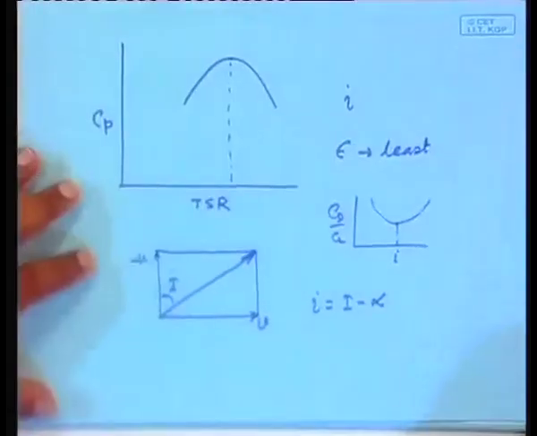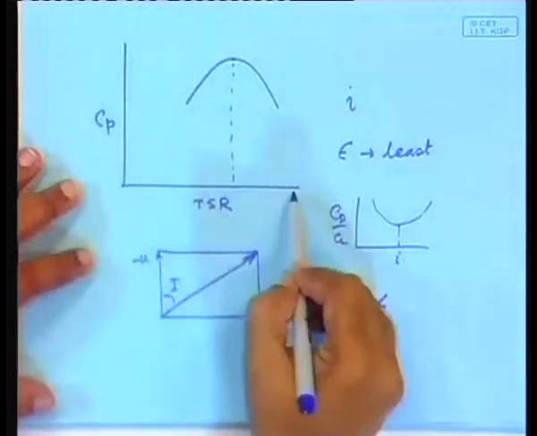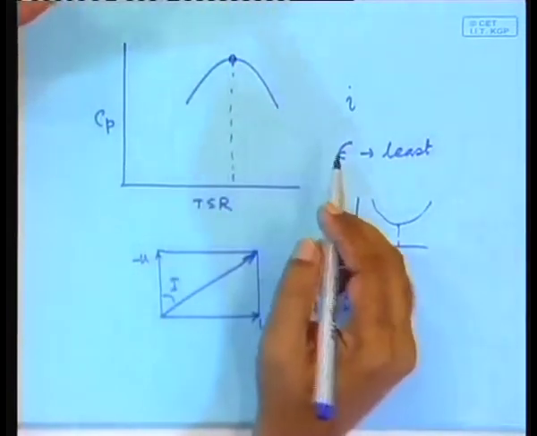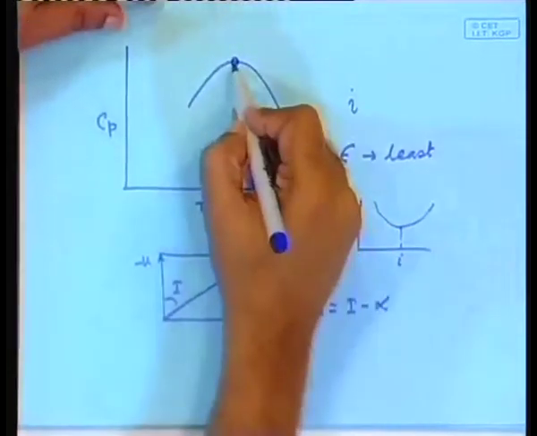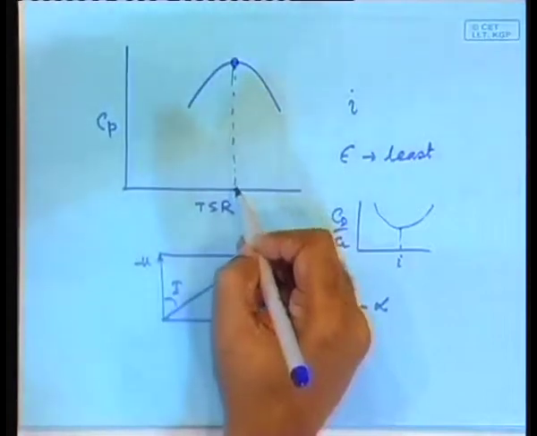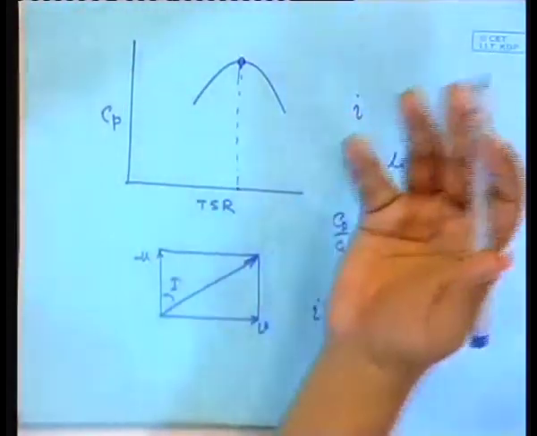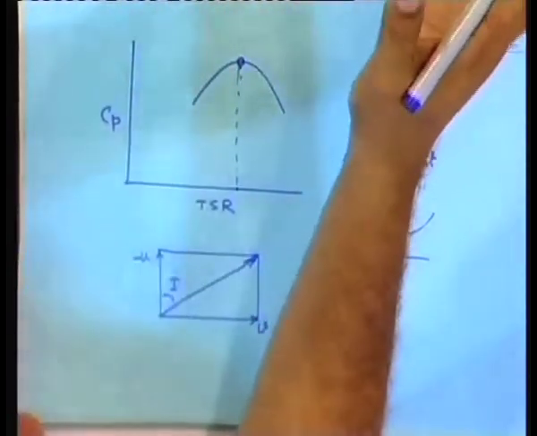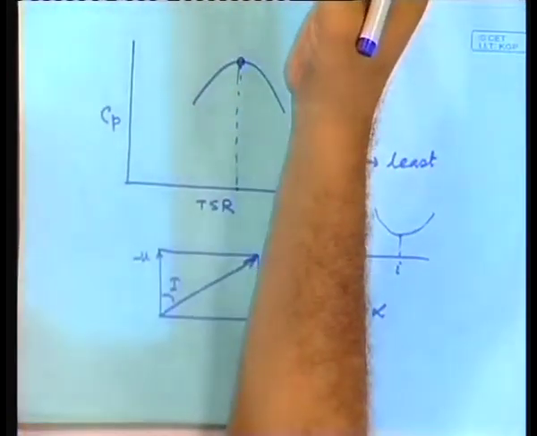you have seen that the CP versus TSR characteristic reaches its peak at a specific value, at a specific TSR. Now, the TSR, that means the value of the tip speed ratio for which maximum CP is attained, can be measured and kept as a reference.